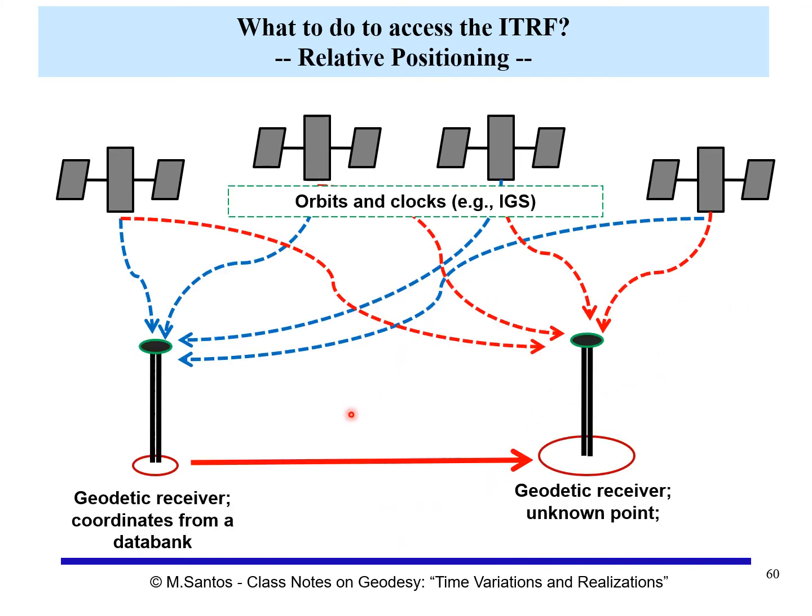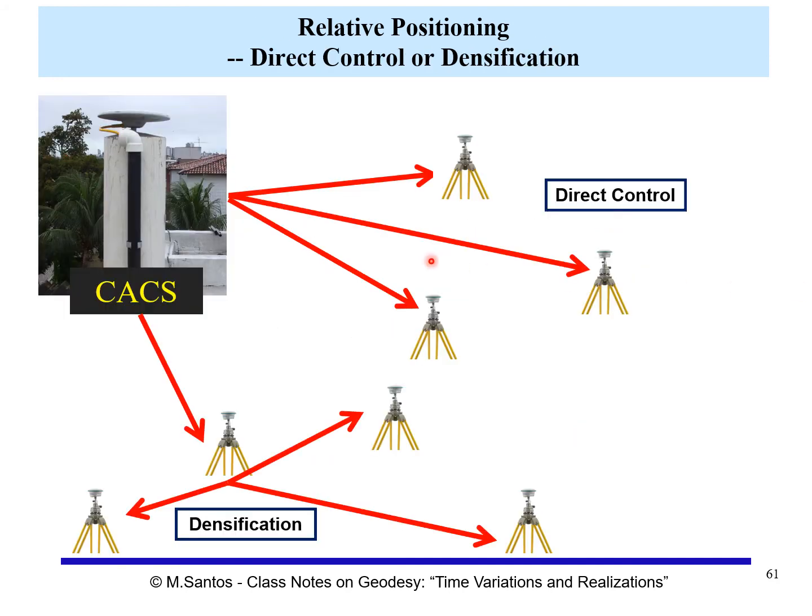Relative positioning. We have, of course, these two receivers observing the same satellite simultaneously. Here, a geodetic receiver, the coordinates come from a data bank, for example, and here the geodetic receiver, a known point, and of course, the coordinates will be sharing the same frame. We may have densification that is done directly from, for example, the Canadian Active Control System.